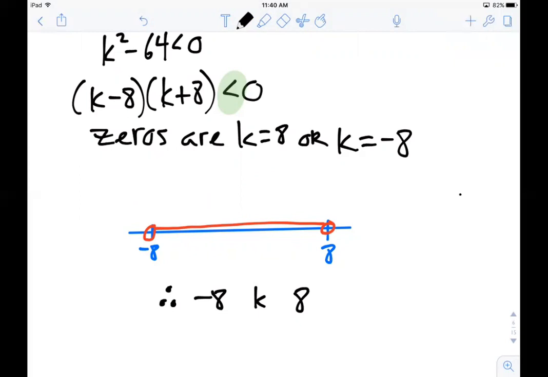So when I write those three things, I can arrange my inequality symbols so that they open towards the right in both cases. So essentially what I'm saying here is first that k always has to be greater than negative 8, but I'm also saying that k always has to be less than 8, which is a way of saying that k overall is going to be sandwiched in between negative 8 and positive 8. So that is the sort of statement that we can make that indicates that overall.